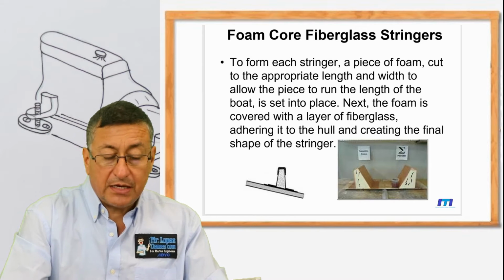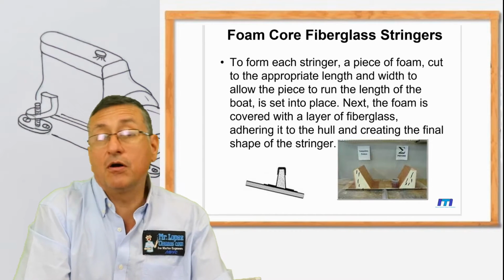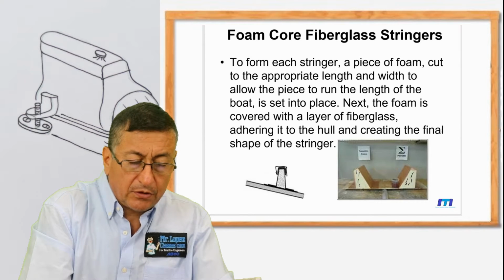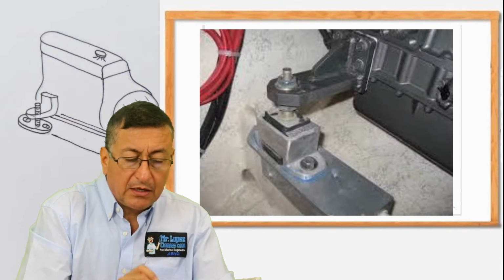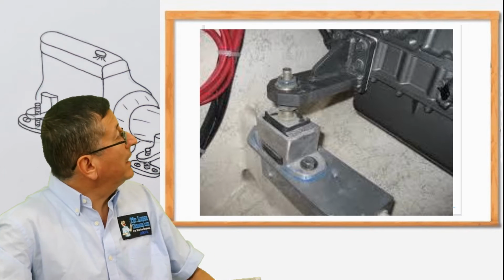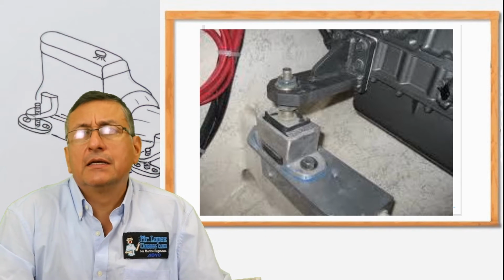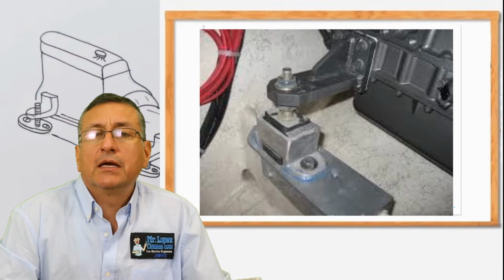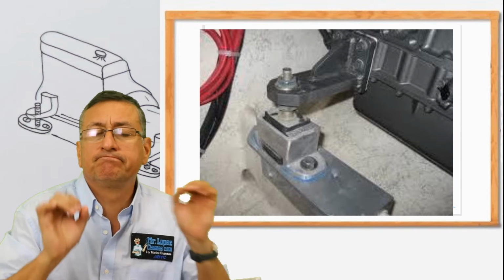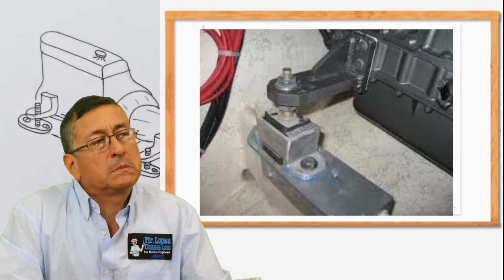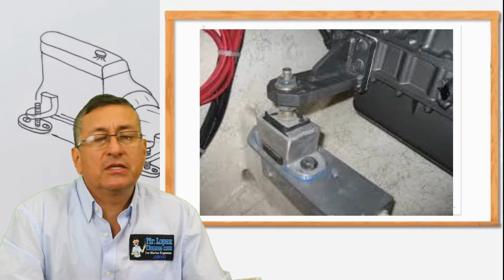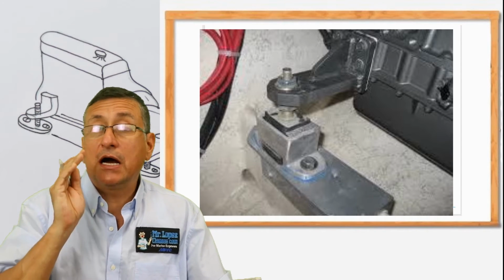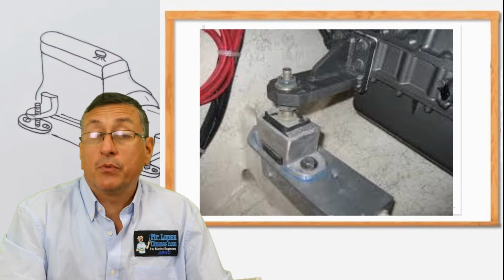There are stringers that have foam or wood covered with fiberglass and then reinforced with aluminum brackets. Those aluminum brackets are excellent because you can bolt the motor mounts in a proper way, and then the engine is not misaligned. The engine is completely aligned all the time, and you avoid a hundred problems, propeller alignment problems.